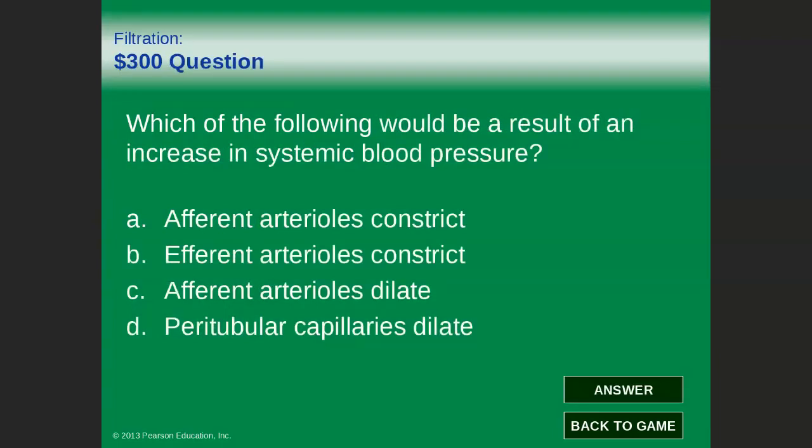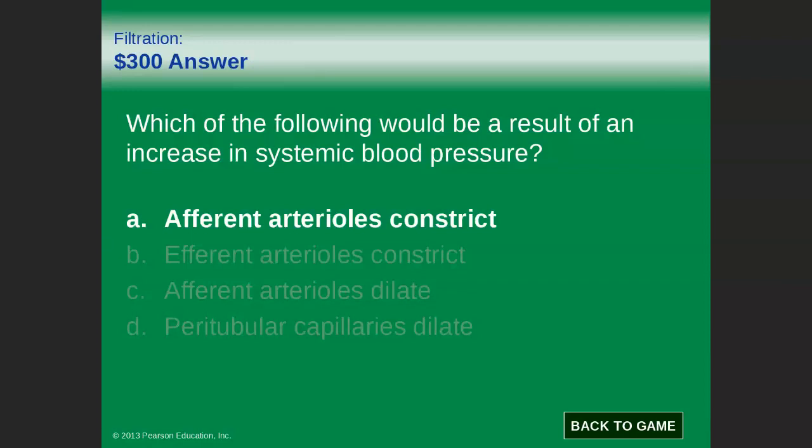Which of the following would be a result of increases in blood pressure? Remember that's called the myogenic effect, the myogenic autoregulatory mechanism. When your blood pressure goes up, your afferent arterioles constrict.